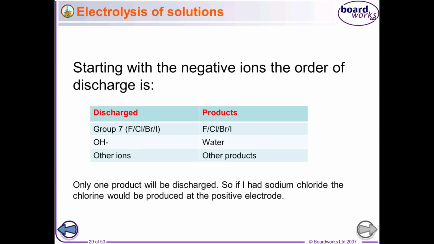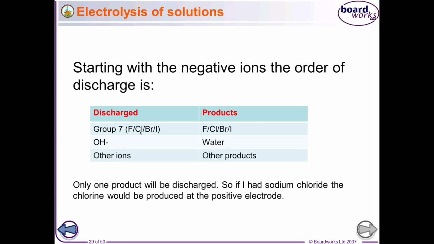So if I have sodium chloride solution, then because I've got chloride ions and I have also got OH- ions from the water, the chloride take priority, and that would mean at my positive electrode I'm going to get chlorine gas. And that's just the sort of order of preference.